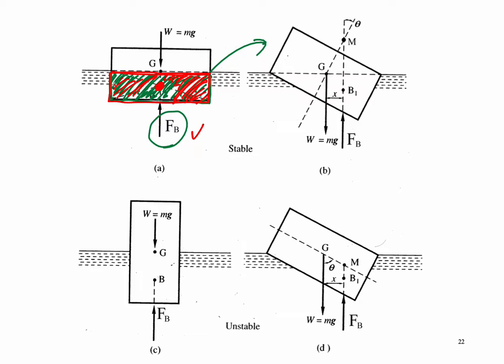And then if an external force acts on this edge, it will rotate the box like this. The center of gravity will remain the same because it is the center of gravity for the whole object and it is for the weight. However, the center of buoyancy B1 will change position from this position into this position.